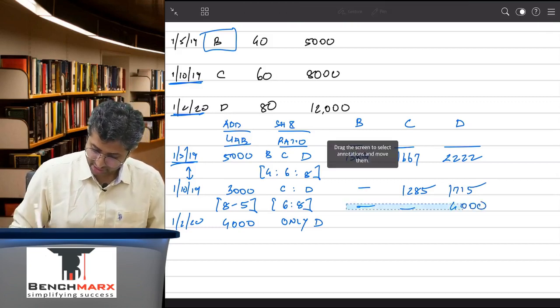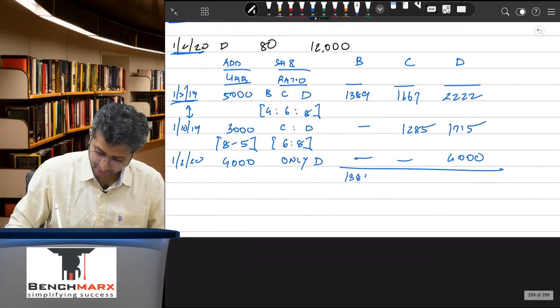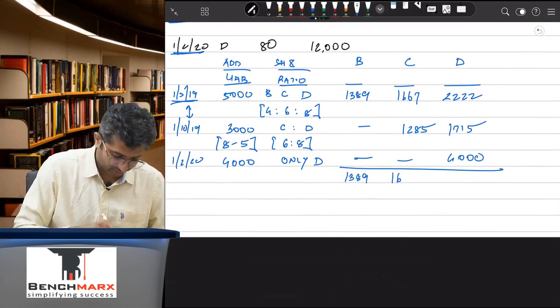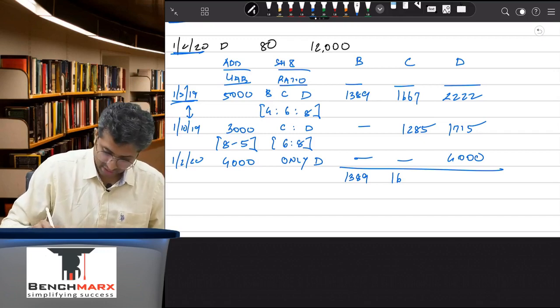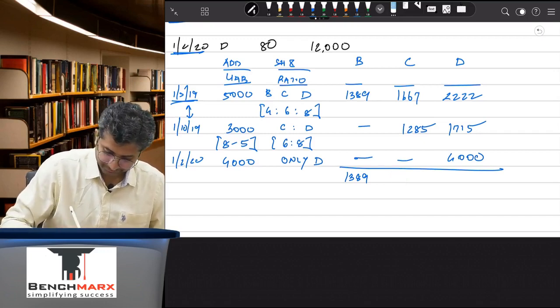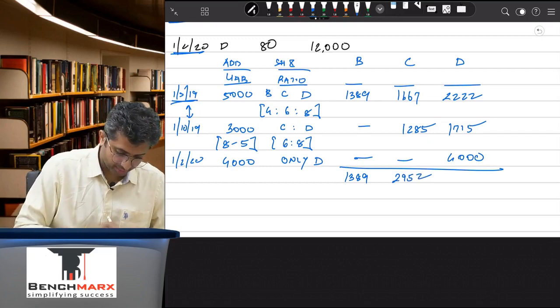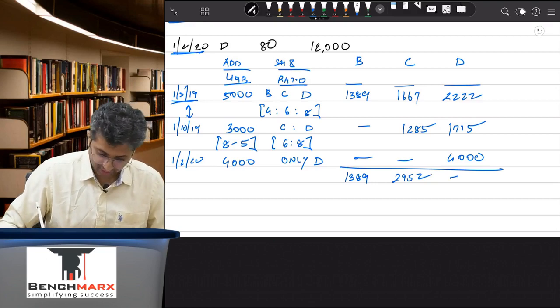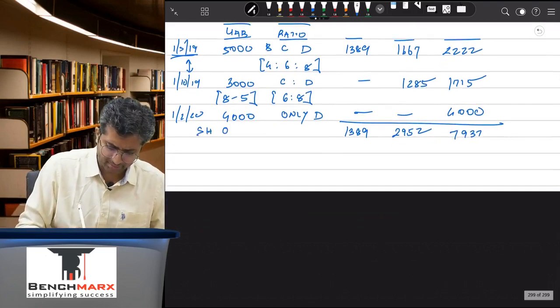So this is the total liability which was existing, and hence B will bear 1389, 1667 plus 1285, that is 2952, and 1715 and 4,000. So this is 7937. So will I have to pay this? This is your share of the liability.